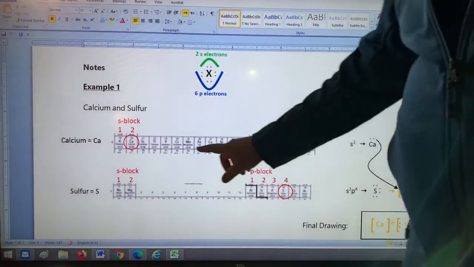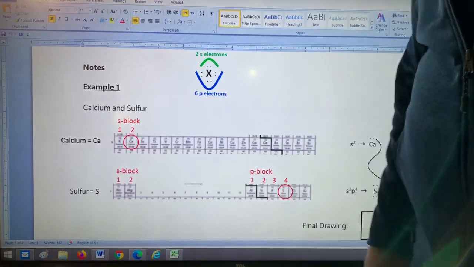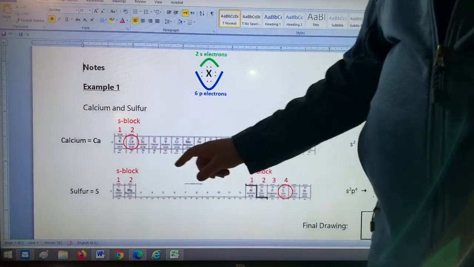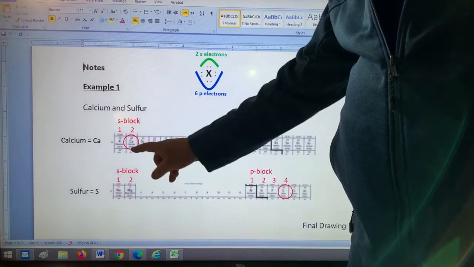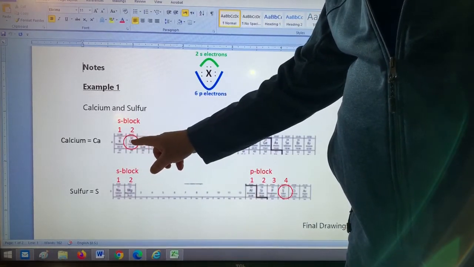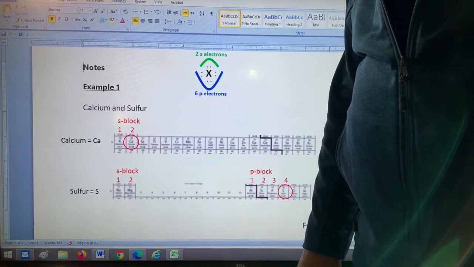We go to the periodic table, and this is the period that calcium is found in. There's the calcium box. And we only care about the outer electrons. That means that we're only going to count the element squares that are going to lead us to the element in question within the period.